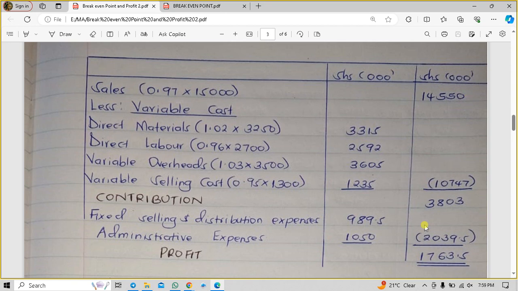Then you say fixed costs divided by the answer. What are you getting as your break-even point in shillings?